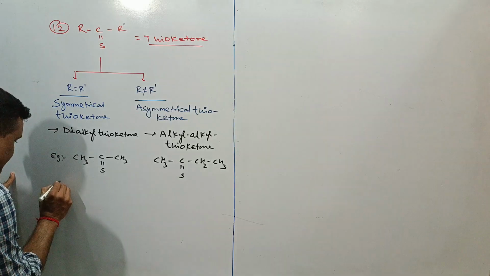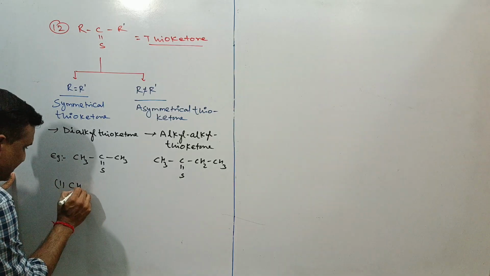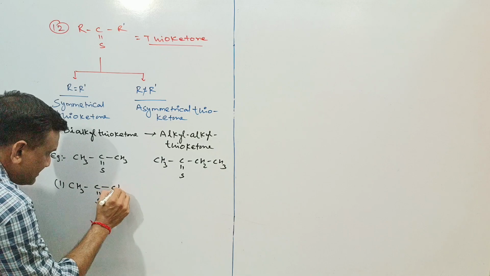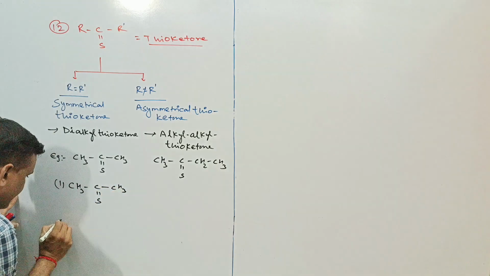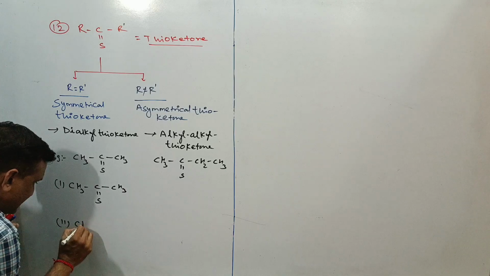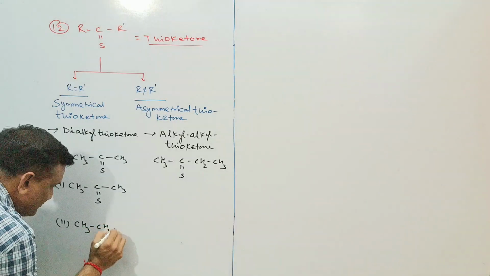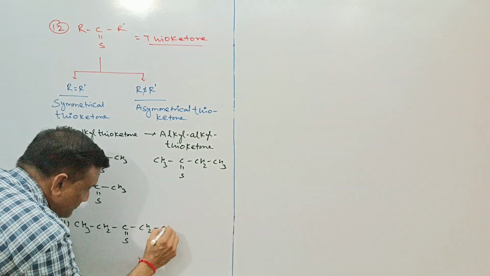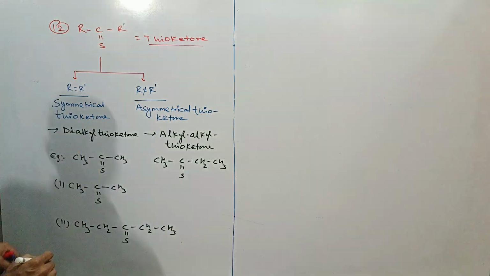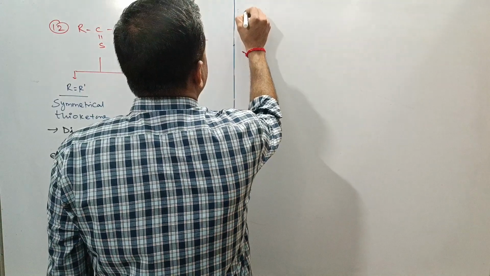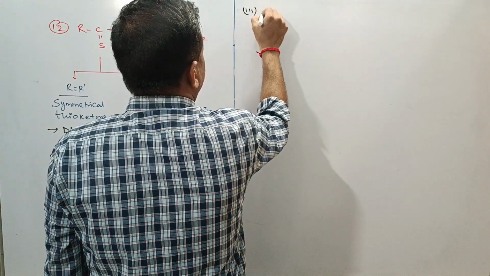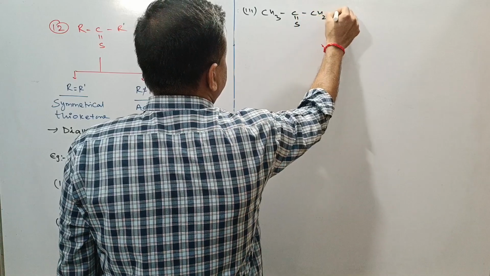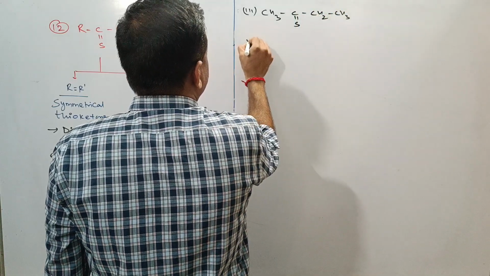If we go with the practice, we can take CH3, C double bond S, CH3, the first compound. Second compound, CH3CH2, C double bond S, CH2CH3. Third compound, CH3, C double bond S, CH2CH3.